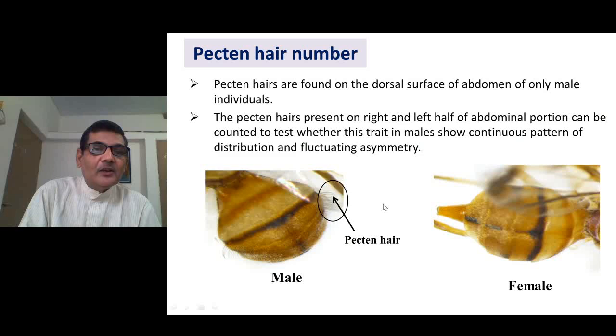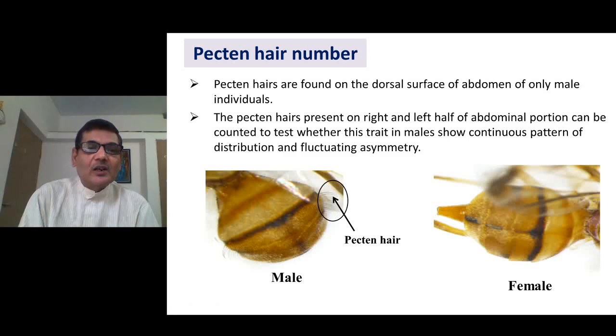Now we have actually observed the pecten hairs in case of male. Besides the abdominal tip portion, which is mainly used to distinguish the two sexes, we tried to see whether other structures are also there which can be used for sexual differentiation, and we found that in case of male, in the mid abdominal portion, this is a dark area, and on this area you can see the presence of hairs, and these hairs are actually divided into two halves, that is right and left halves, and such hairs are referred to as pecten hairs.